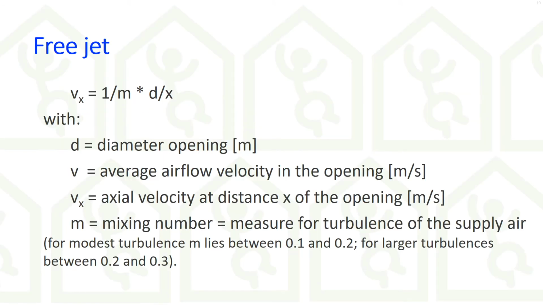Now, for air supplied through a round opening, resulting in a free jet, the following equation can be used to calculate the velocity at distance x of the opening, assuming the temperature of the supplied air is equal to the room air temperature and there is no existing airflow in the room.